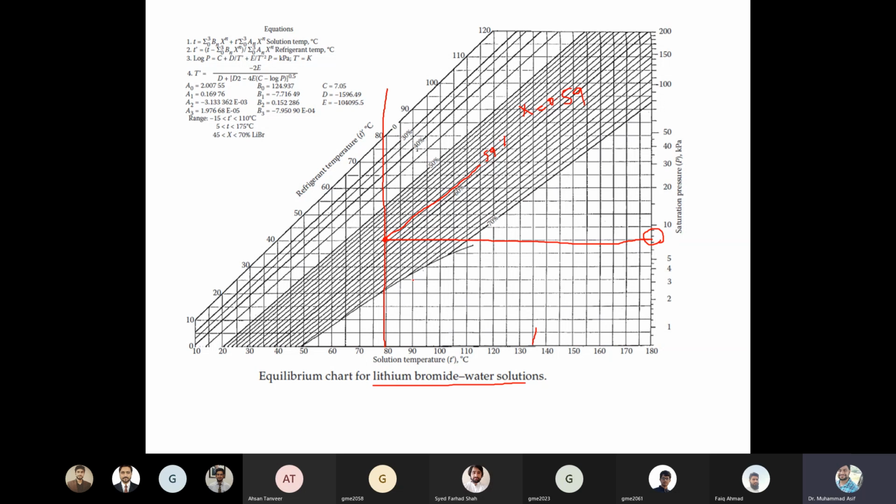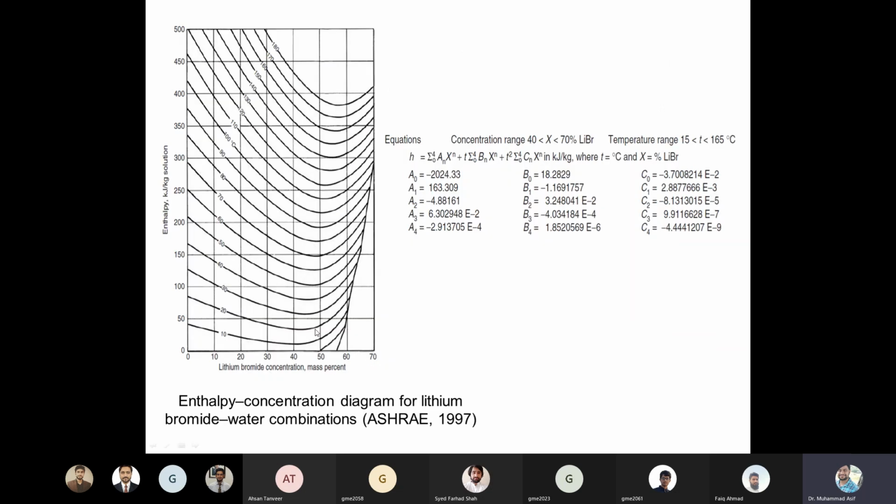So once you have this property, you can also read the enthalpy. In the next graph, you can read the enthalpy of the solution. As you can see, this is the enthalpy in kilojoule per kg of the solution. So it depends on the concentration. You should have the value of X and the operating temperature.